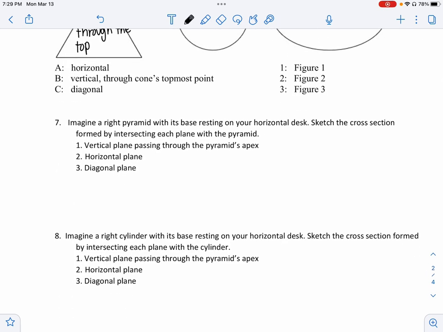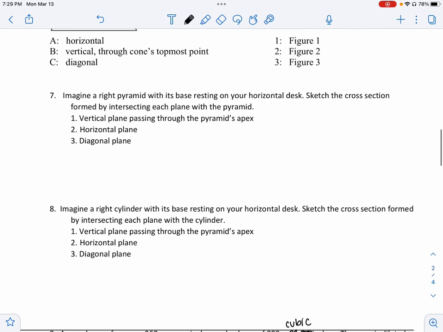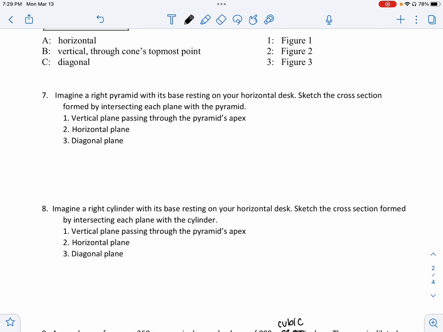Okay, imagine a right pyramid with its base resting on a horizontal desk. Sketch the cross section formed by intersecting each plane with the pyramid. So I'm going to draw probably the worst pyramid ever. So that's kind of your pyramid.